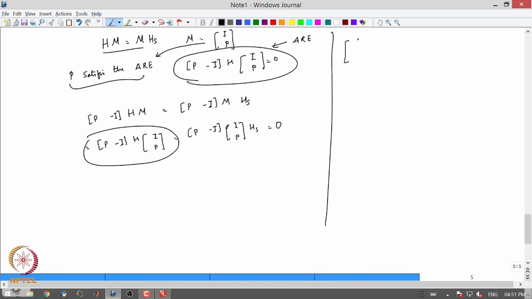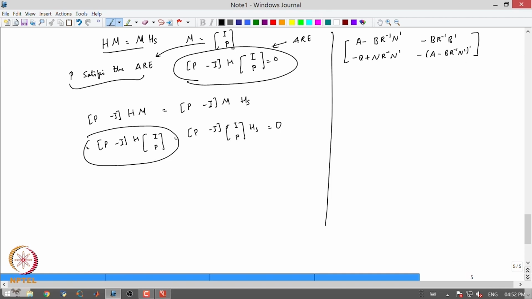This is A minus B R inverse N transpose, minus B R inverse B transpose, minus Q plus N R inverse N prime, minus A minus B R inverse N prime. Okay. So this is how the H looks like.